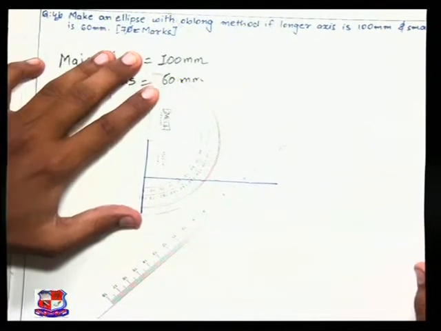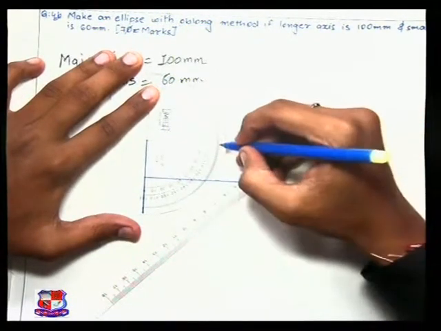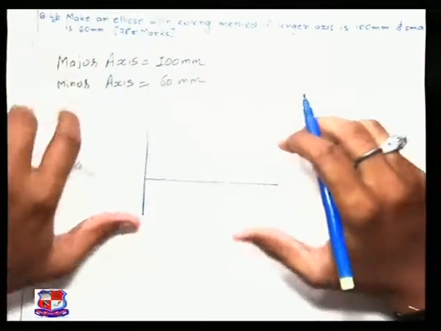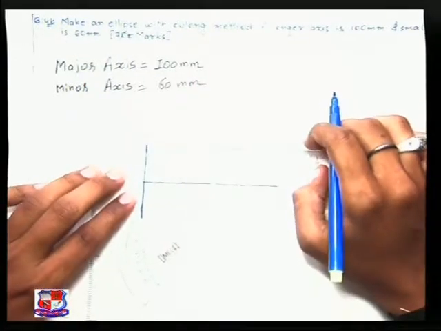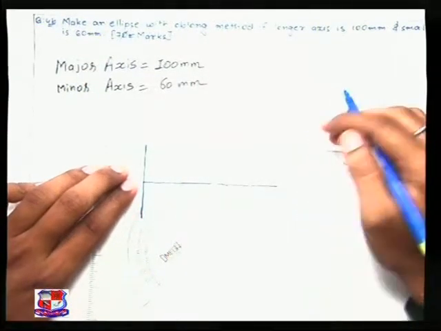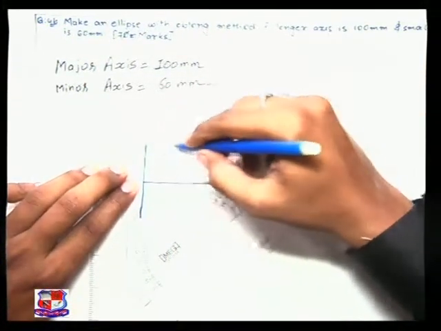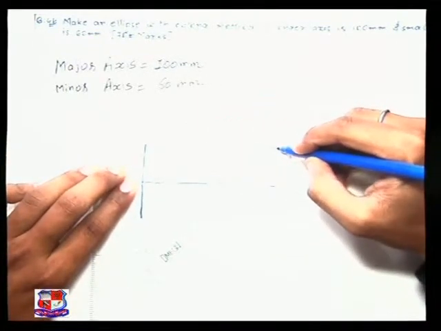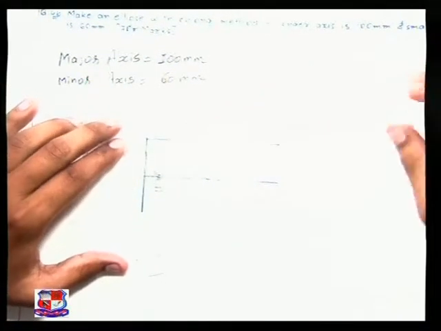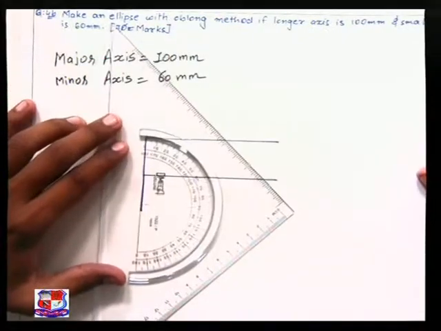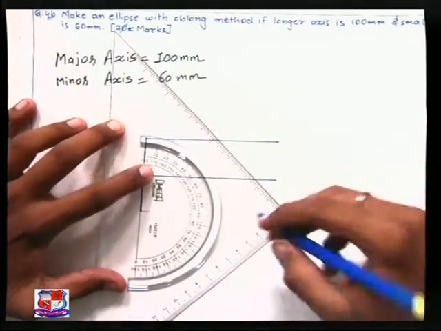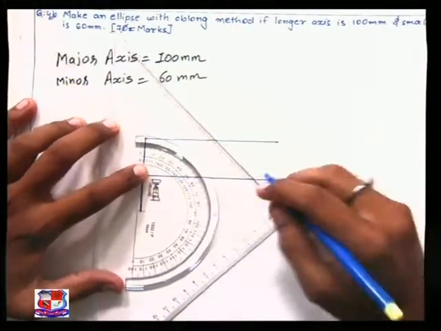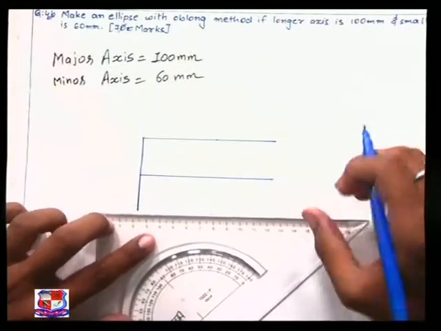Now from this point we will put a perpendicular line again of 100 mm. From the other point also we are going to put a line of 100 mm.